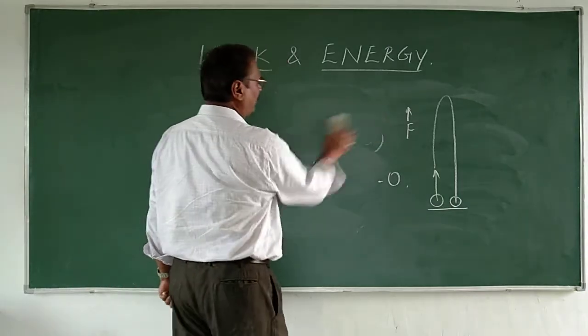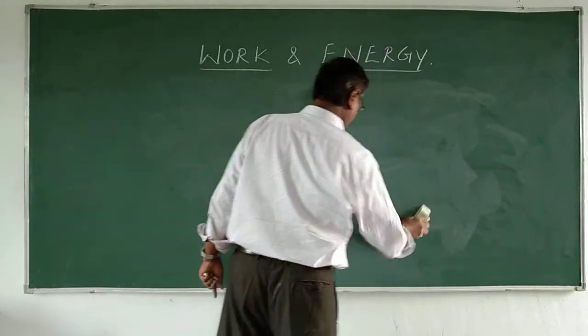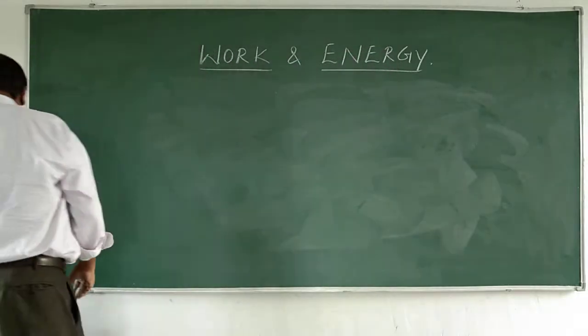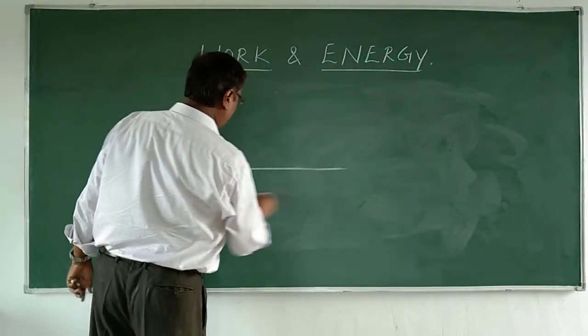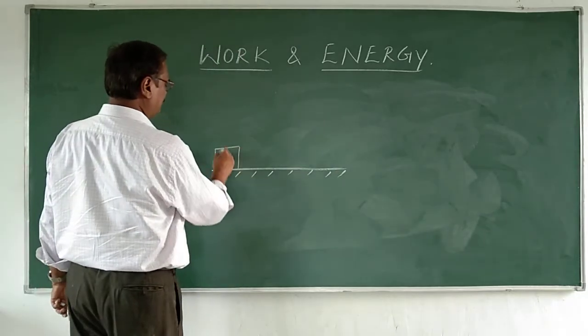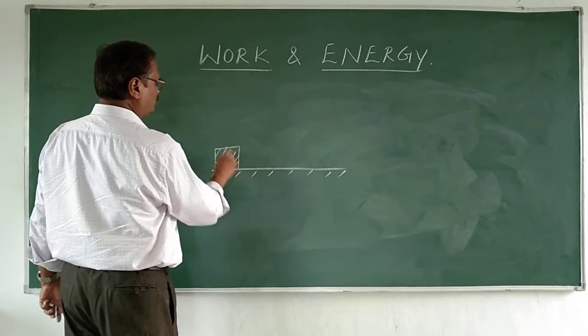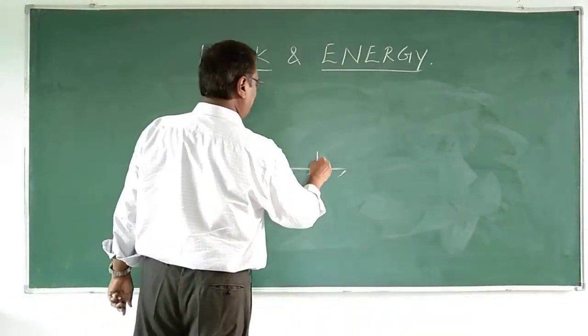Now we will discuss some cases of work. It's a very simple logic. There is a horizontal surface, and there is a body, and a force is being applied. Now the body is getting displaced.